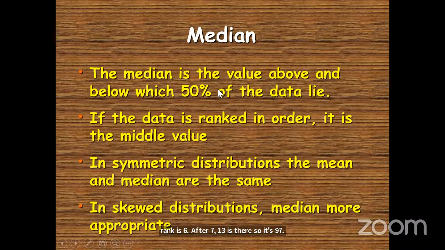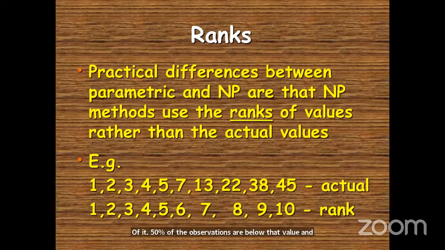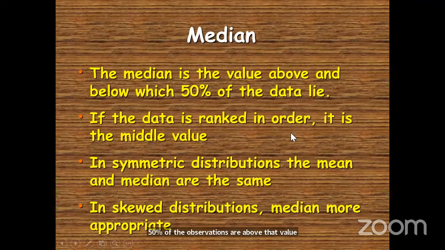Then the median, I think you have already studied this. What is the median? The median is the value of which 50% of the observations are below that value and 50% of the observations are above that value. If the data is ranked in order, it is the middle value.